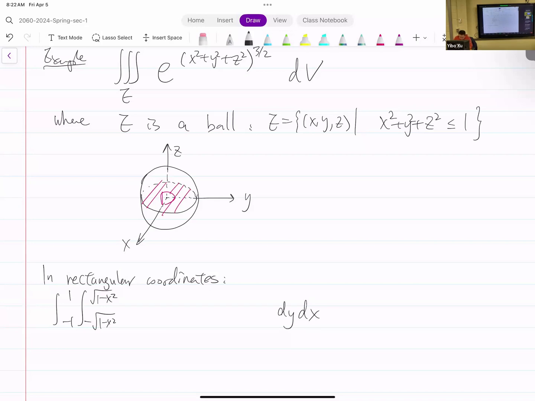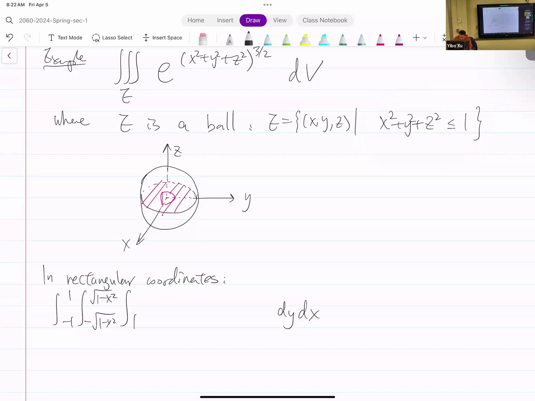And finally, by solving for the z coordinate, here we have the upper bounding hemisphere and the lower bounding hemisphere that's solved from the equation x squared plus y squared plus z squared equals 1. We solve for the z value, and there will be two radicals again.